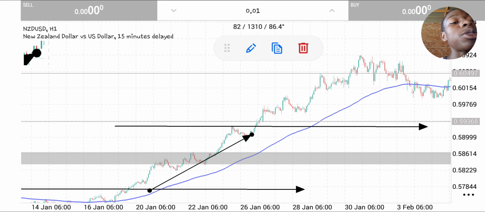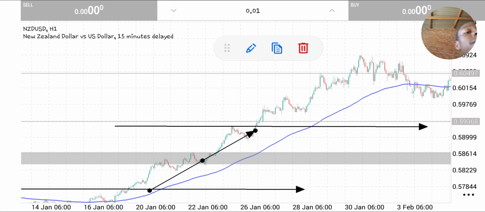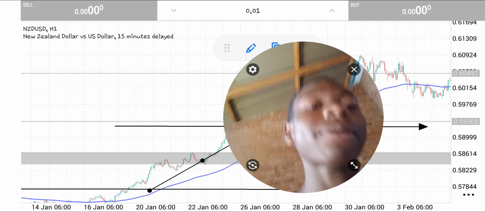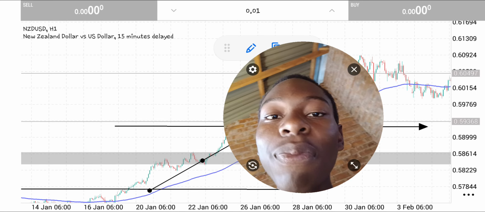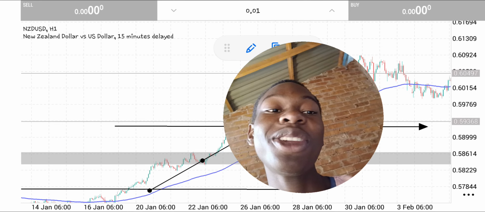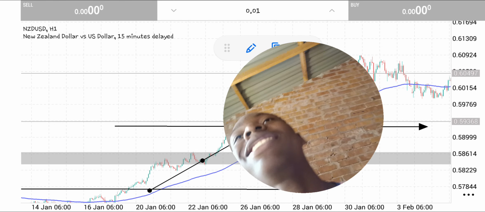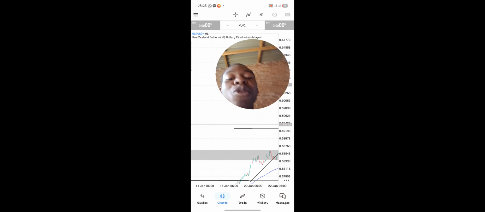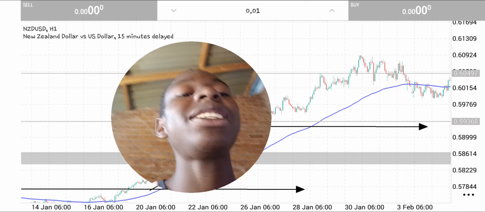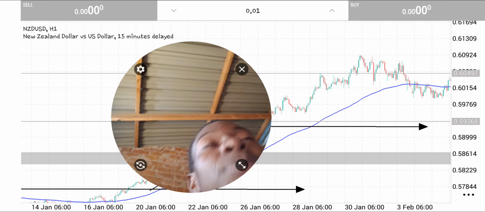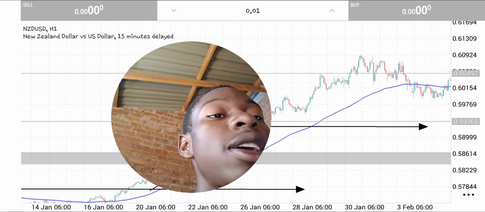Okay, now that you know how to enter, it is also a time that we can talk about how you can exit the market. It's kind of interesting, but how do you exit the market? Well, as a trader, you don't have to be greedy. So you simply have to set a 1:2 risk reward ratio, or a 1:3, something that simply suits your risk appetite.